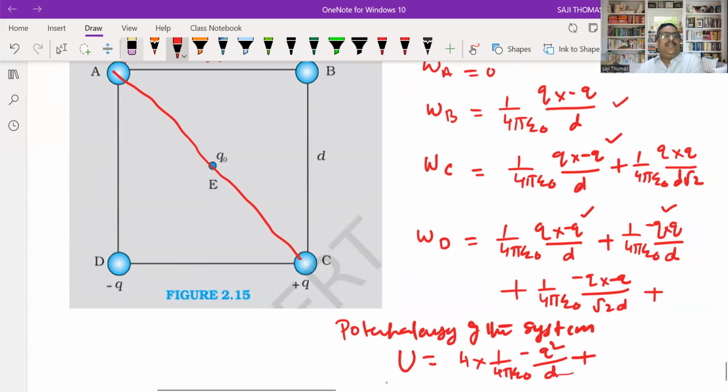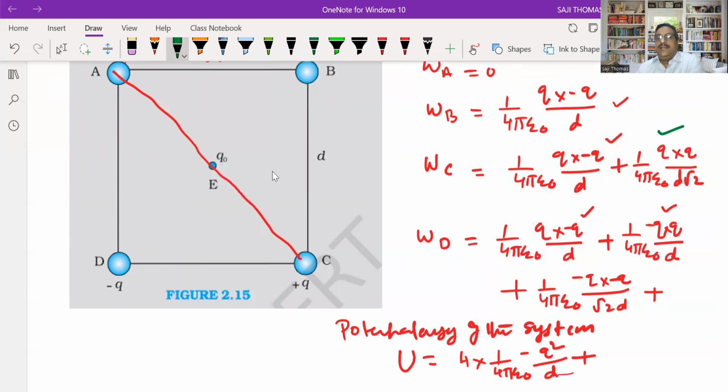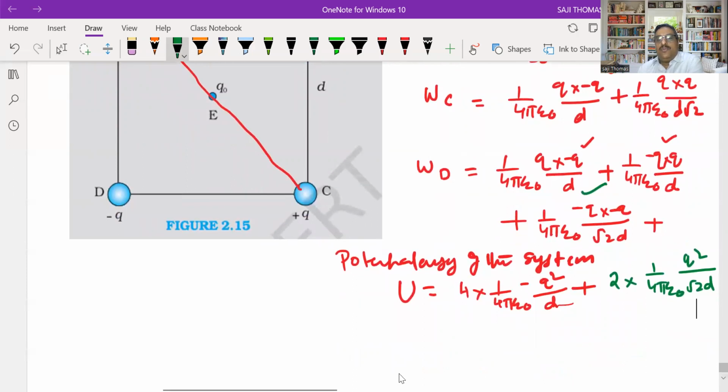now what are the remaining two terms? These are the remaining two terms, this one and this one. So we can write 2 into 1 by 4 pi epsilon 0 q square by root 2 d. Okay, so this is the total potential energy of the system. From this, we can take 1 by 4 pi epsilon 0 d common.